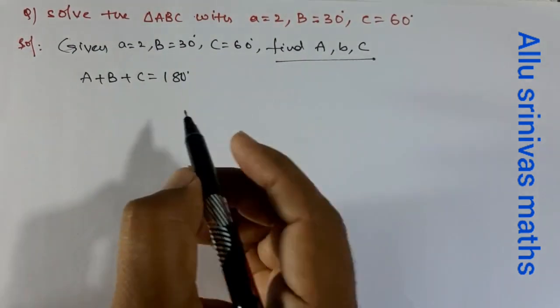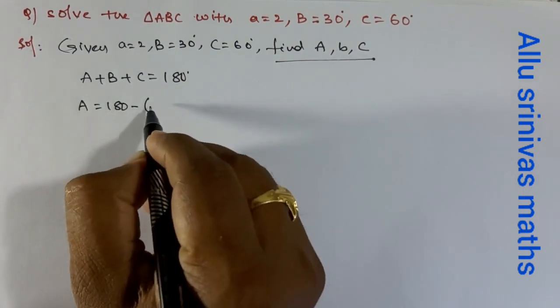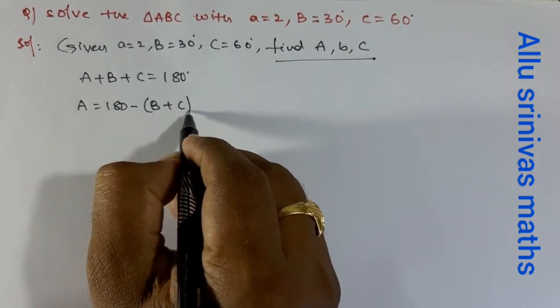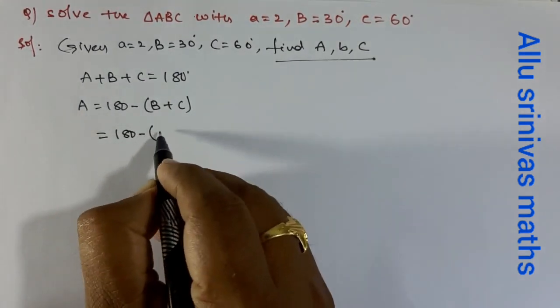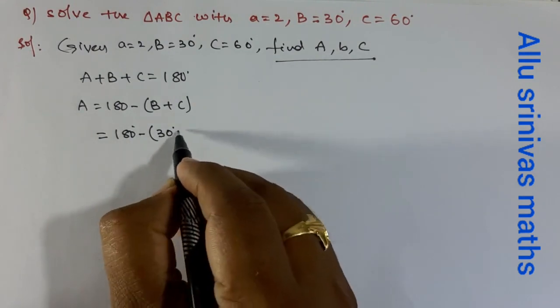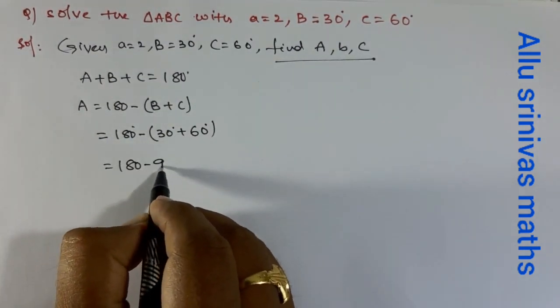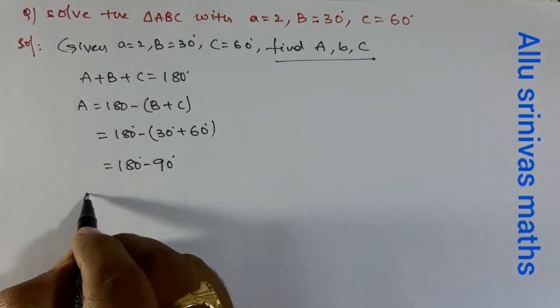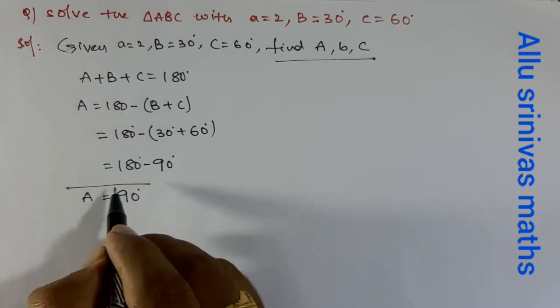We want angle A, send B plus C term to RHS side, then A equal to 180 minus of B plus C. B and C substitute in this. 180 minus of B is 30 degrees, C is 60 degrees, and then 180 minus 90, and then finally required angle A is 90 degrees.